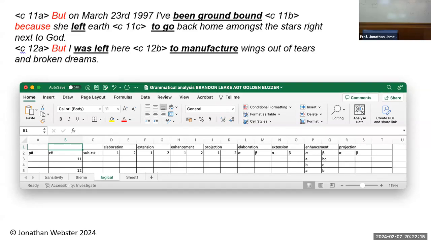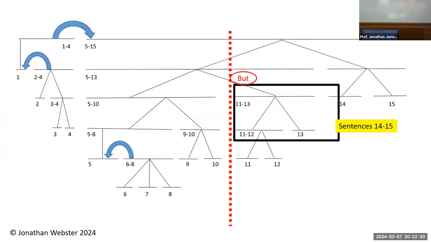B and C, because she left Earth to go back home amongst the stars right next to God, to go. Purpose, all right? Again, I was left here to manufacture. Purpose, kind of enhancement.